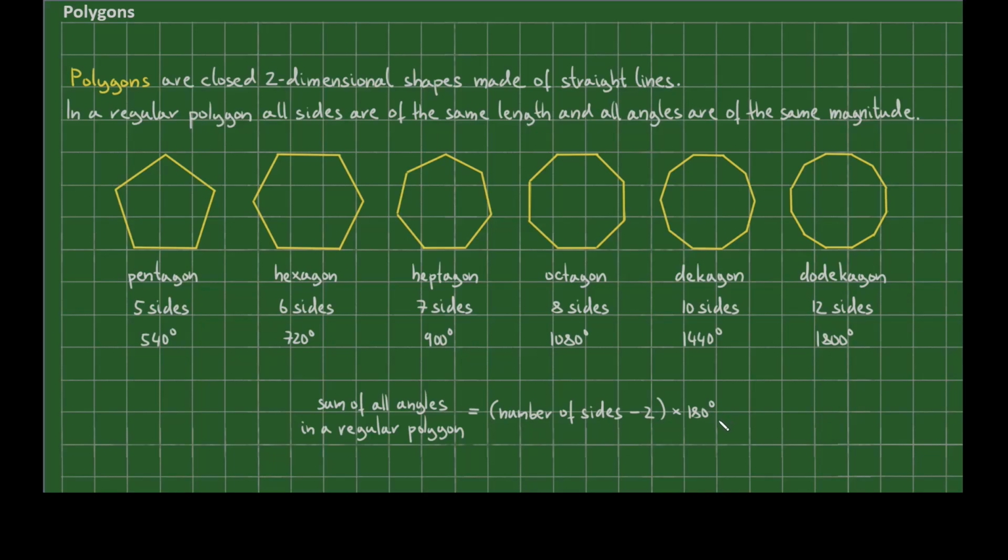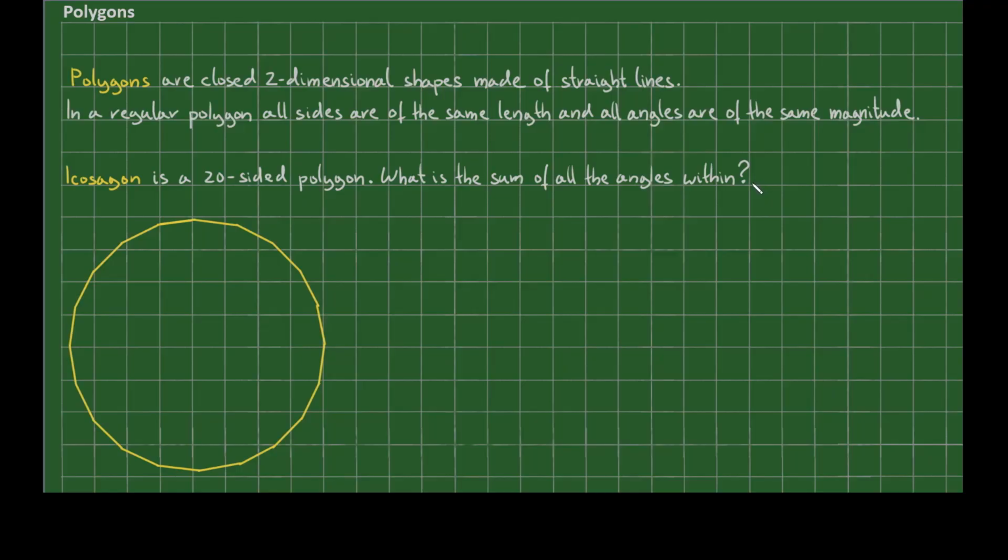Let me quickly test this out on a triangle. A triangle has 3 sides, 3 minus 2 is 1, 1 multiplied by 180 degrees is 180 degrees. Let's try this on an icosagon, a 20-sided polygon.